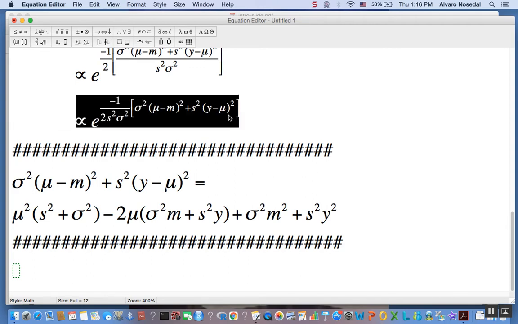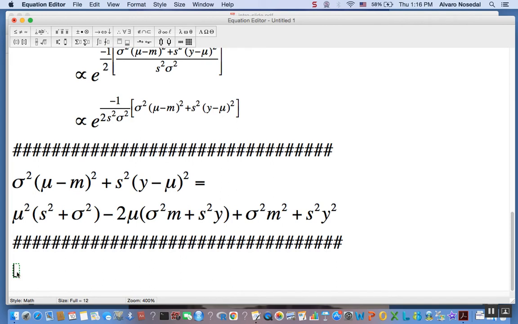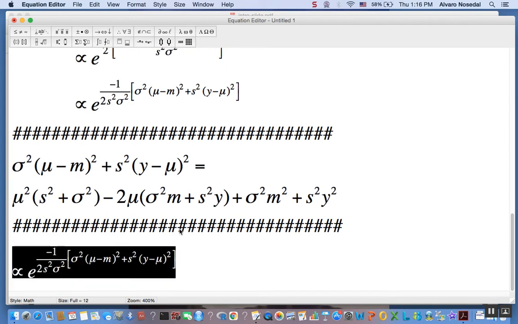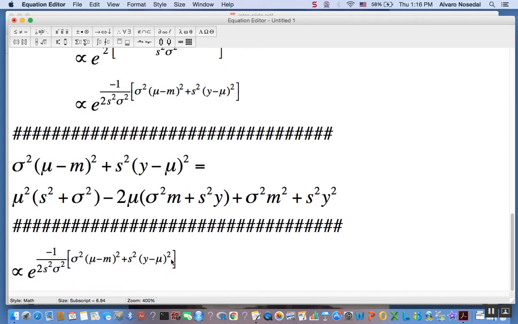So once we do that, we could rewrite this, right? We have e to the negative 1 divided by 2 times s squared sigma squared times this, but this after the algebra is just this, right?